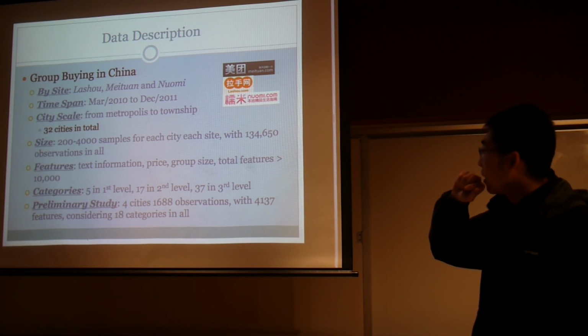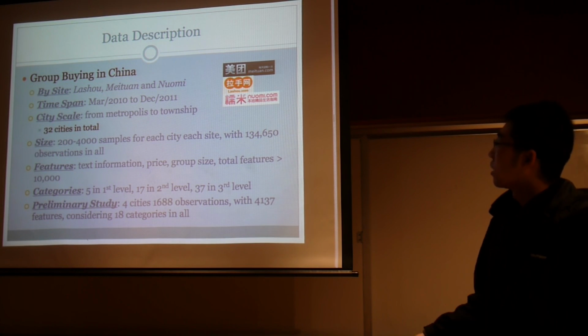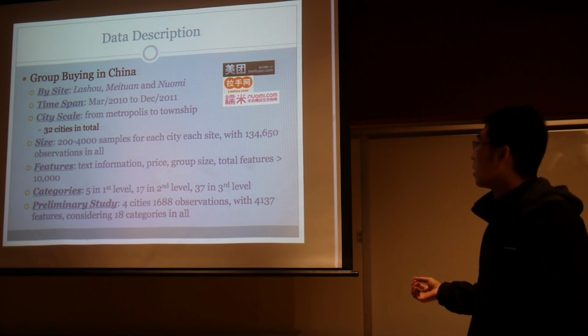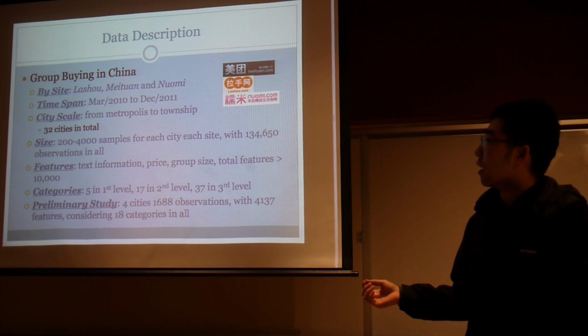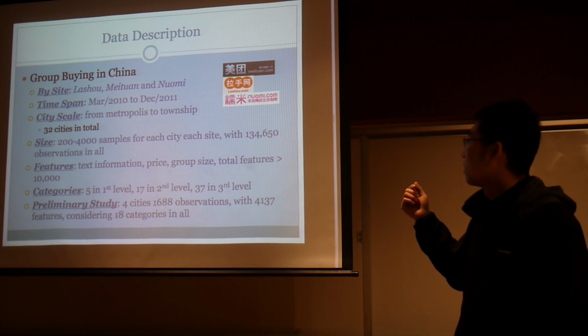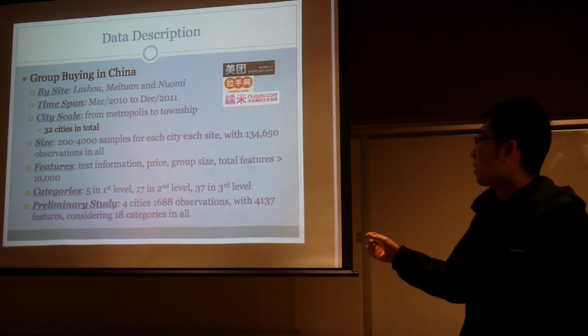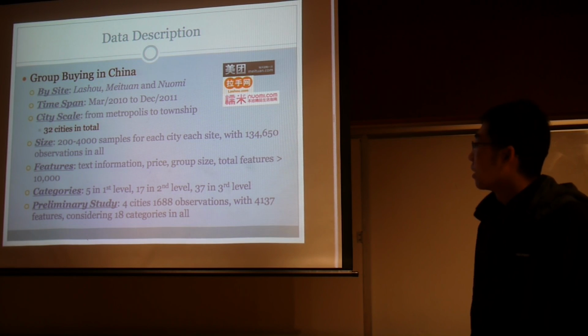The size is more than 100,000. We haven't looked at the features in detail, but based on estimation, the features should be more than 10,000. The categories are shown here.